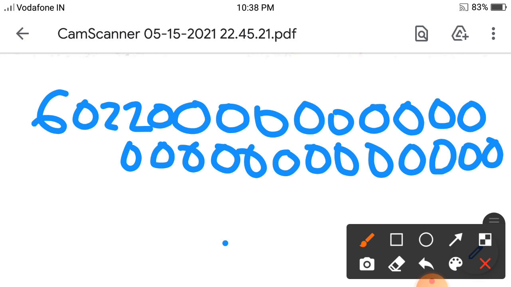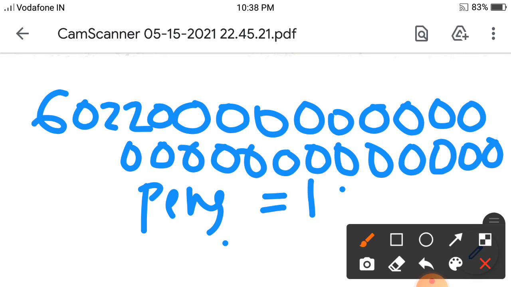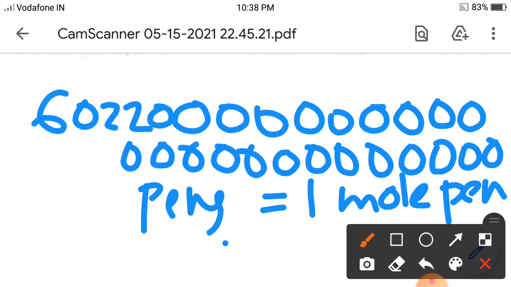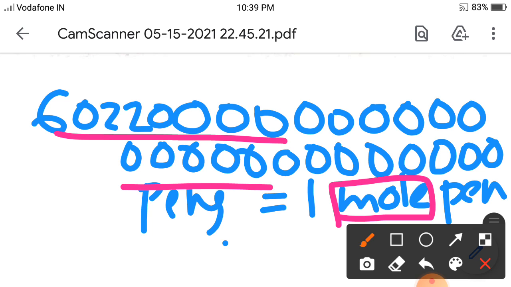If I have this many pens, then I say that I have one mole of pens. That means mole is a word that stands for this number.